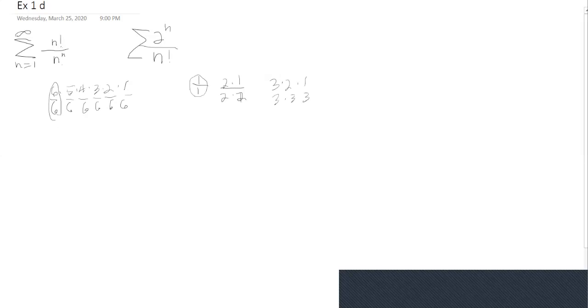So you can see how each term is going to be less than 1, every term. So it looks like these fractions, these terms, are heading to 0, so we suspect there might be some convergence if they head to 0 fast enough.